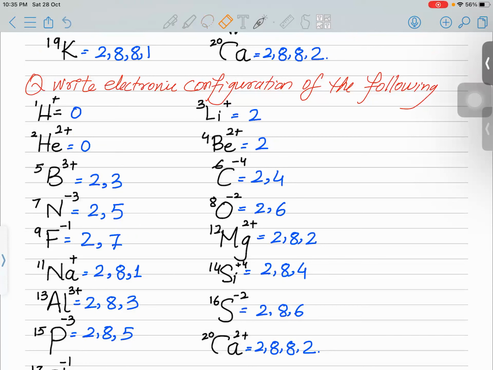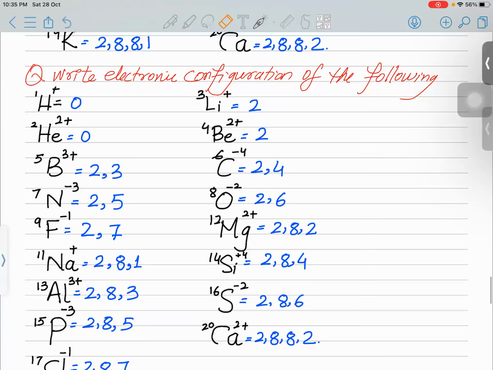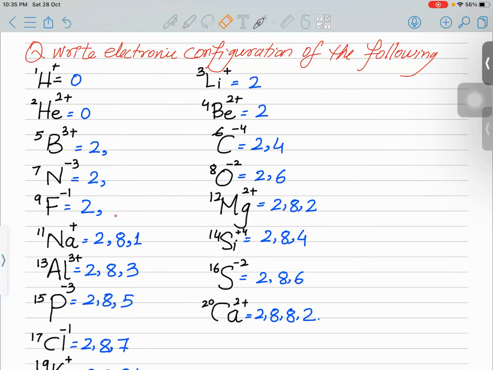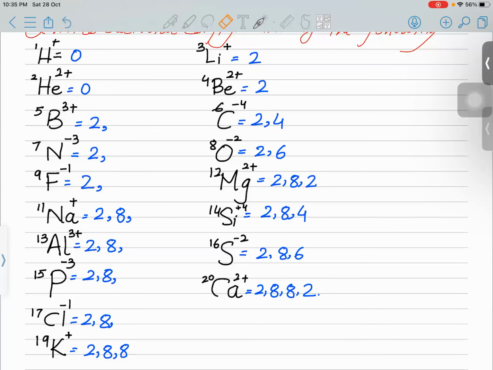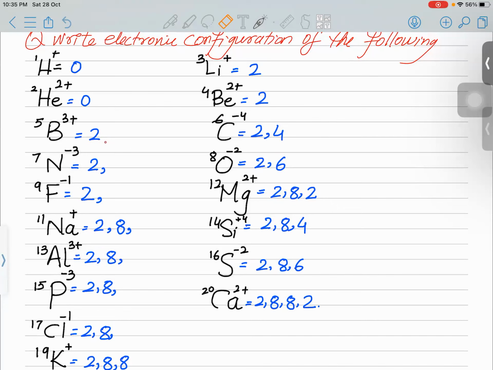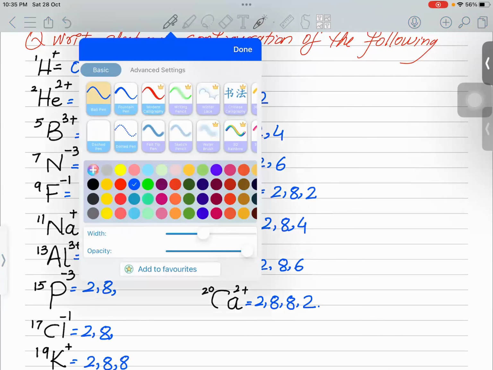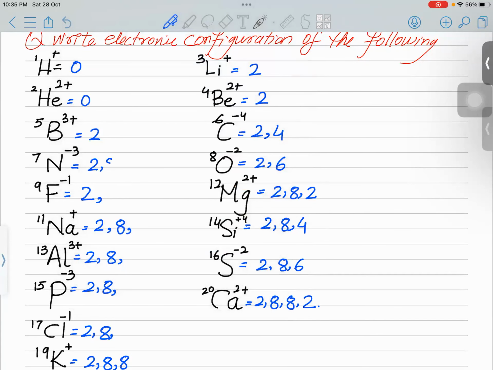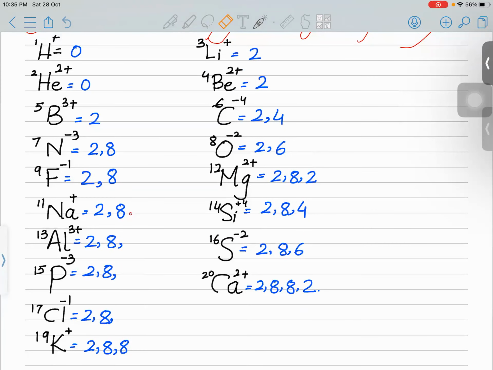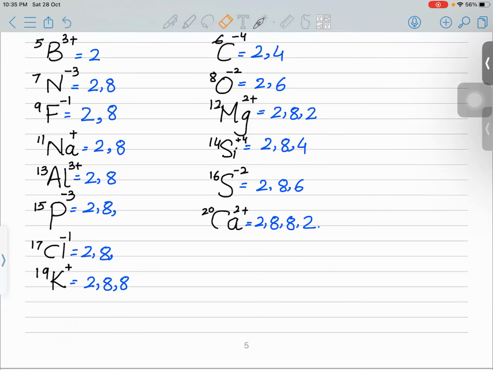Noble gases are stable. Now start from boron. How many electrons? 2. And for nitrogen? 10. Yes, exactly 10. So 2,8. Fluorine? 2,8. Sodium? 2,8. Aluminium? 2,8. And phosphorus? 2,8,8.